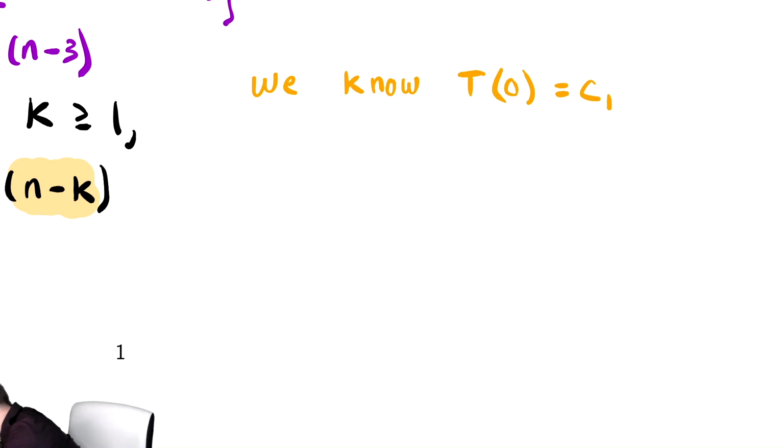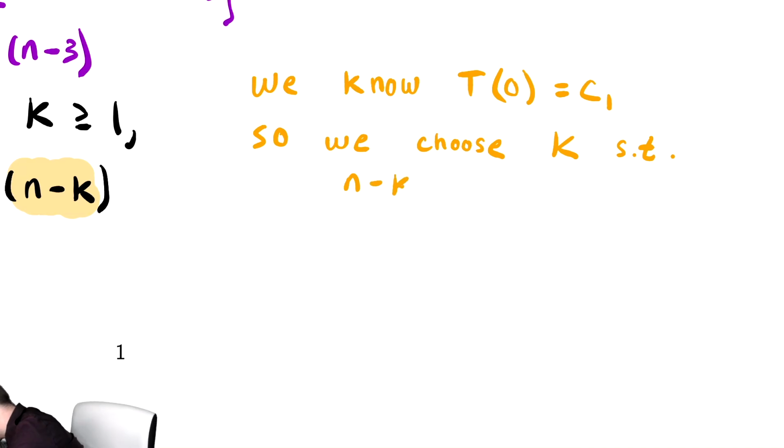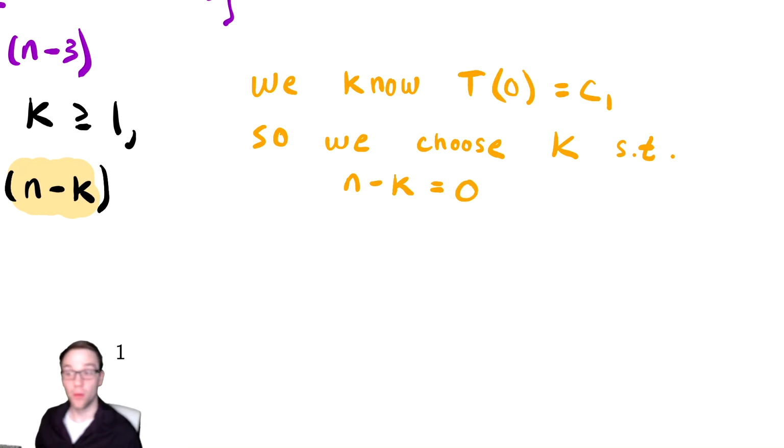So we want to choose k such that n minus k is equal to the value I need to plug into T, which is 0. Let's try to find out what value of k that is.